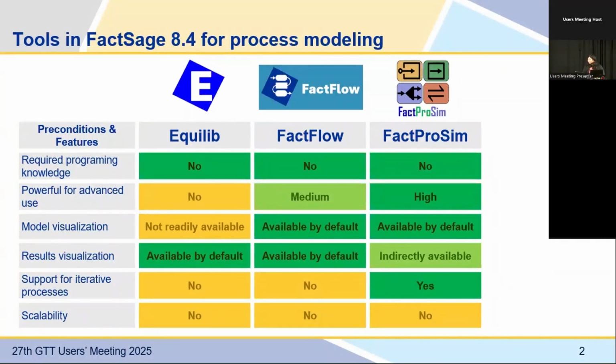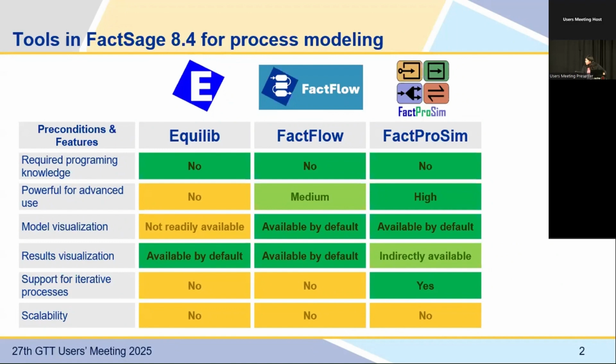So we say that with FactProSim, you can tame the complexity and focus more on what matters to you. And we will introduce you more with these two example cases. One is more simple to show how to work with it now, and then later we will look at a more complex problem.